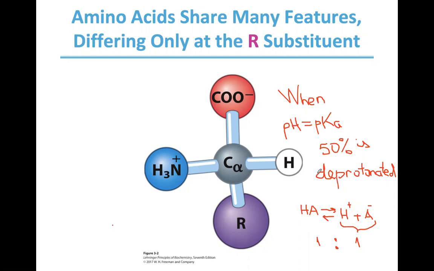The reverse is true if you raise the pH. Now, let's say your pKa is 4 and you raise the pH to 7, by 3 units. Then the amount of protons is small because you raised the pH, right?